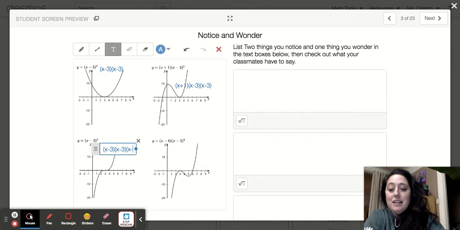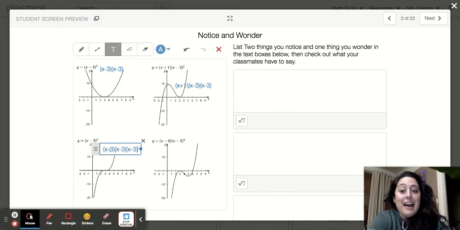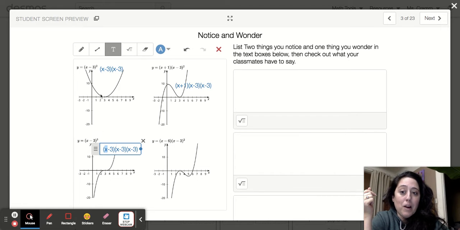Because it is being repeated thrice, 3 times, that means that at x being 3, the zero, x would have to be 3. That means that as this cubic function goes up, it actually goes through that zero, as opposed to here where it bounced off of that zero.